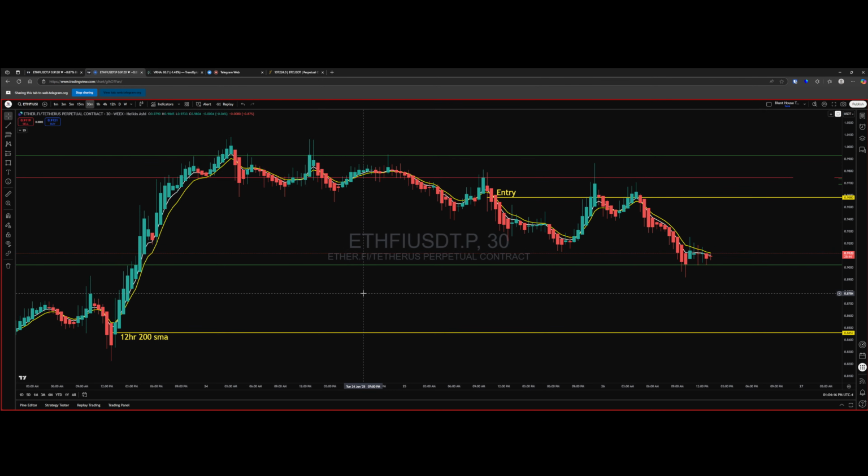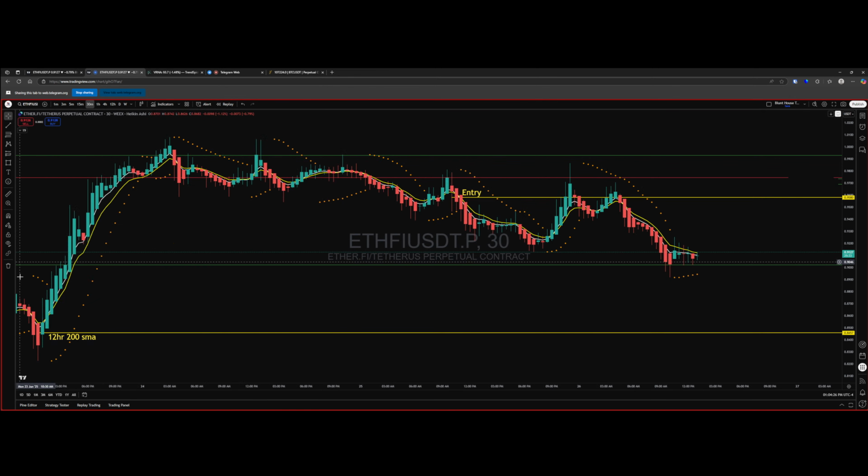Right? So here's the same 30-minute chart using the Heikin-Ashi candles that we talked about. And if I throw in the parabolics, it might even make it a little bit easier for you. But I'm just trying to demonstrate that you don't have to have 30 indicators.